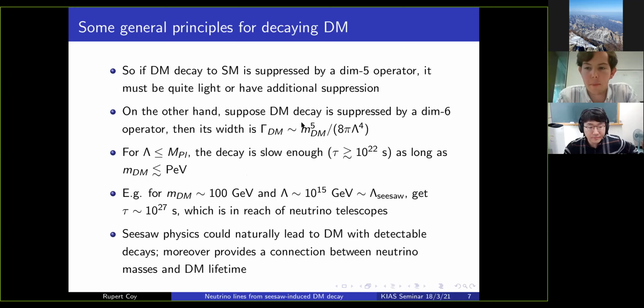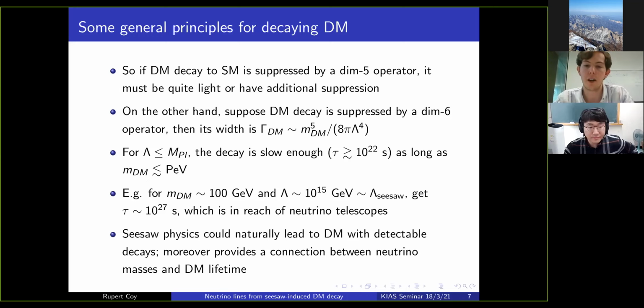To get some idea of numbers, we could say that the dark matter mass, or whatever dimensionful thing enters into the numerator, is roughly of the electroweak scale, and the new physics scale is 10 to the 15 GeV, which is motivated by, say, seesaw physics or GUT physics. Then the lifetime is about 10 to the 27 seconds. And that's interesting because that's in reach of neutrino telescopes and other experiments.